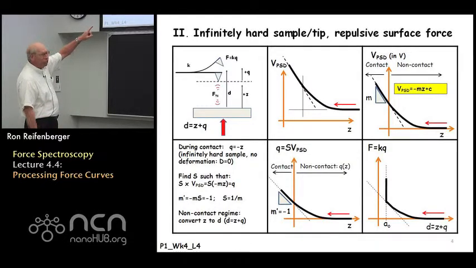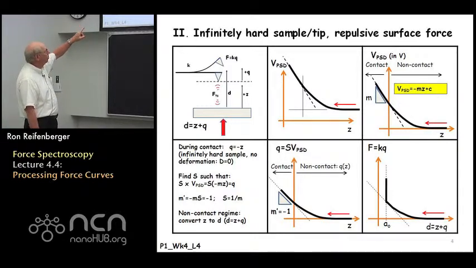Again, you have to convert the voltage into a deflection of the cantilever, right? The way that's done is by measuring the slope of the curve in the third panel, and then forming this sensitivity parameter S, which is essentially 1 over that slope.